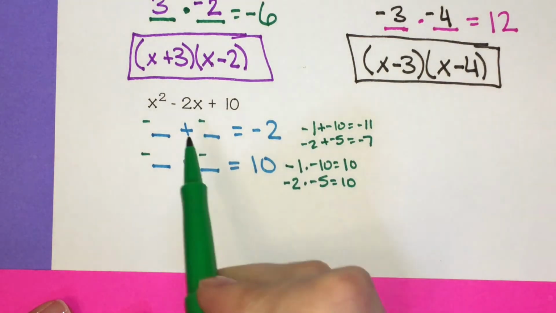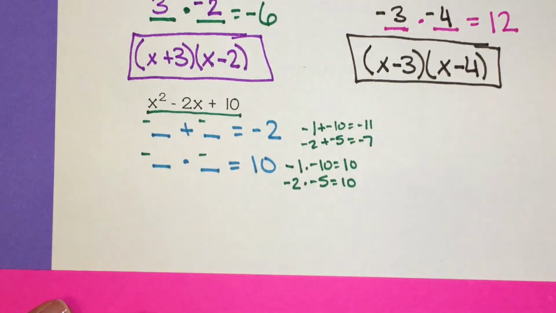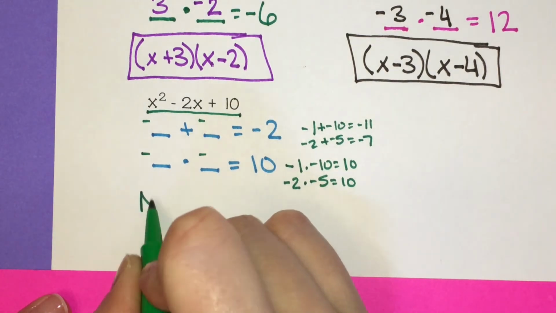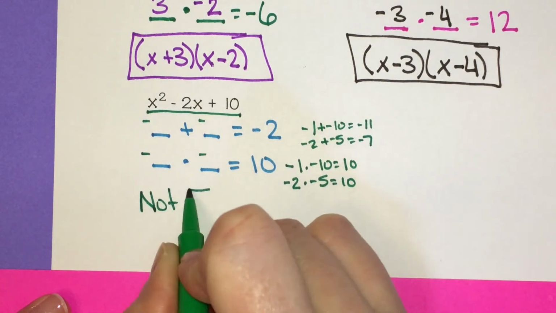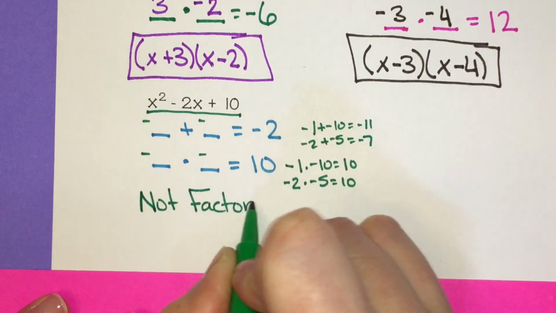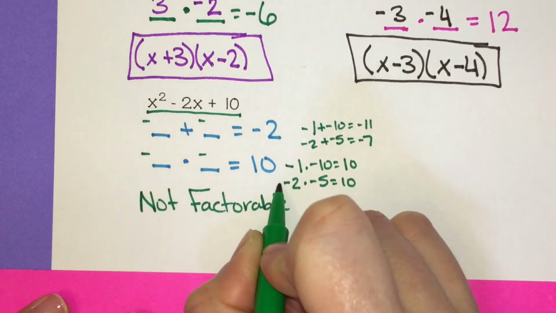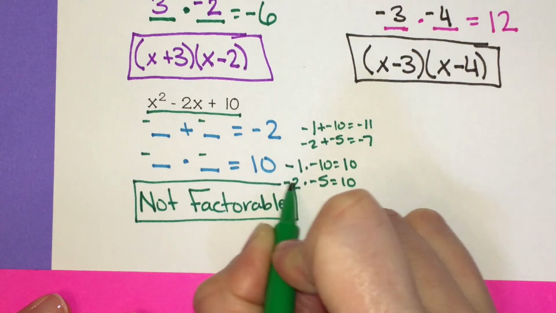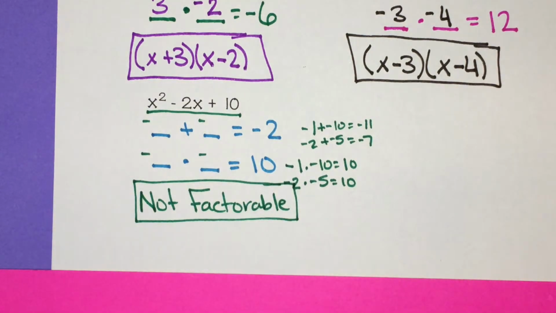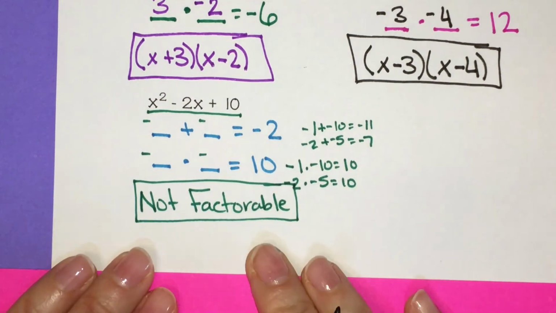That means that this quadratic right here is not factorable. So this happens occasionally, meaning I'm not able to factor this down. And that is your answer.